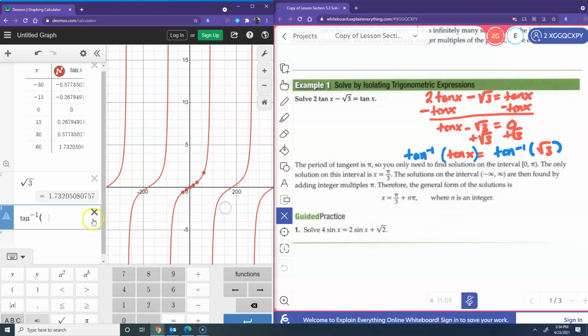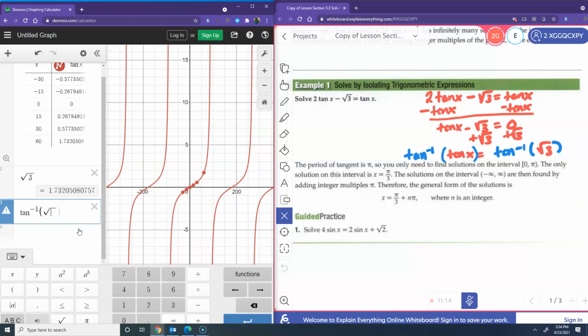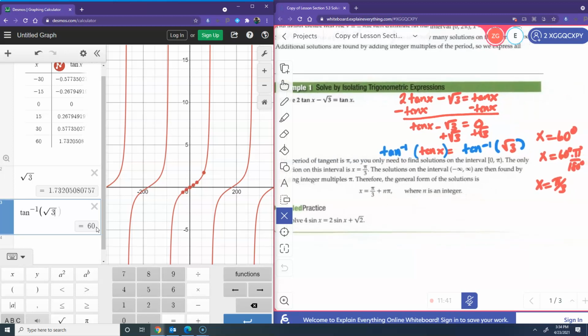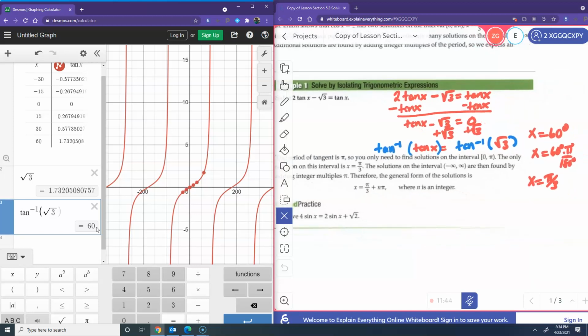Inverse tangent of the square root of 3, and you notice you get 60 degrees. So the angle is 60 degrees. If you want it in radians, it's 60 times pi over 180, which is pi over 3.